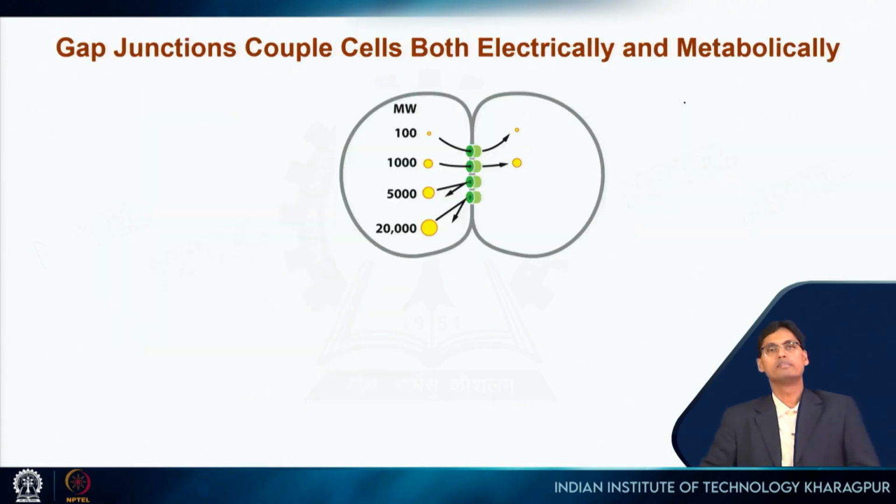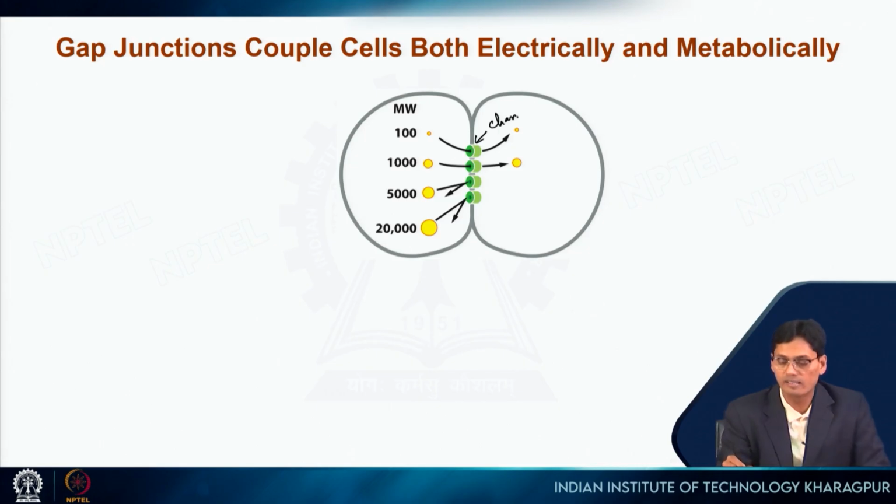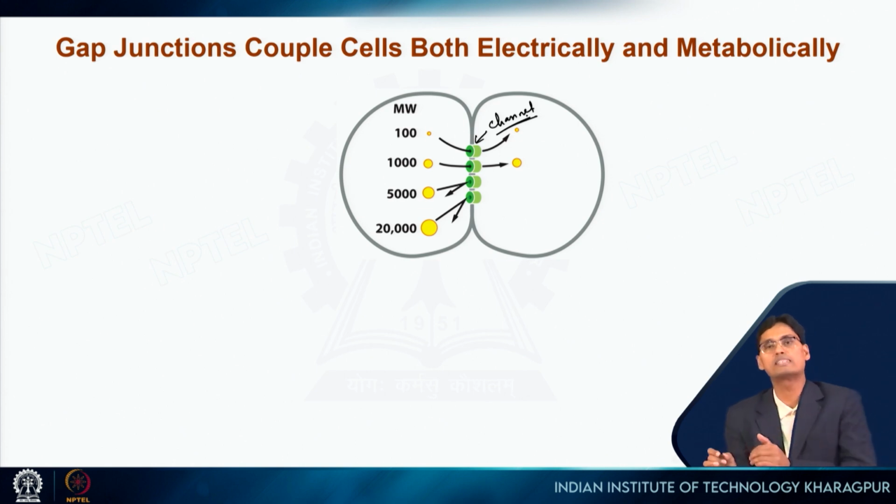Now the next thing is the gap junction. Gap junctions couple cells both electrically and metabolically. Why? Because with a gap junction, those two cells are directly connected through some kind of channel. As you can see, this is a direct channel, so something can go from this cell to the other cell.